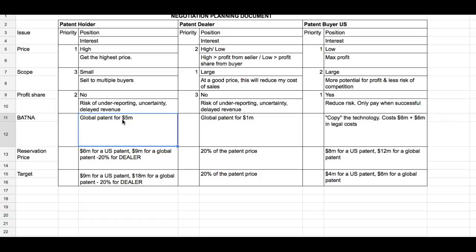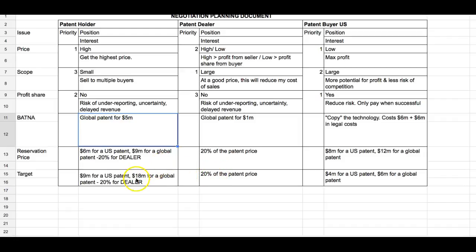So basically, his minimum price, the reservation price for a U.S. patent is 6 million, and I will show you how I got these numbers. So 6 million is the minimum, and 9 million for a global patent, and he needs to pay 20% to the patent dealer. Then there is the target for the patent holder. That's 9 million for a US patent, so that's 50% more, 18 million for a global patent, minus 20% for the dealer.